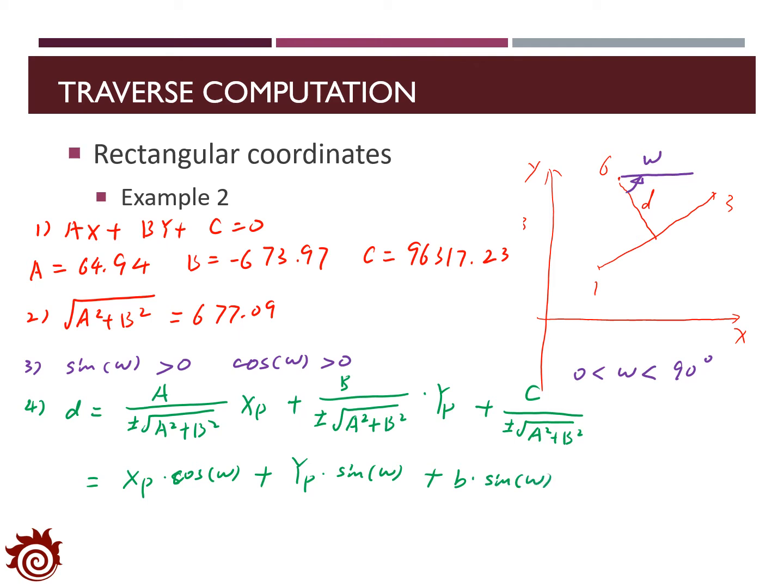From the third step, we know that both sine and cosine omega are positive, which means we want to make sure that these coefficients are all positive. We know that a is positive and the square root is also positive, which means we can choose the positive sign here.